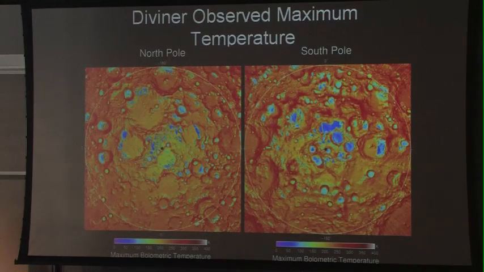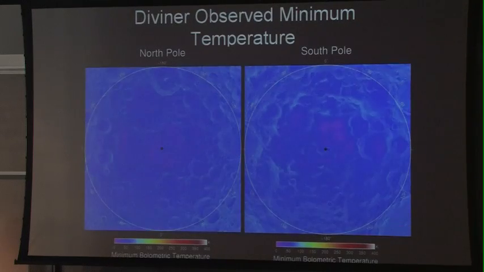And this was somewhat of a surprise to us when we first got these data from the moon, because we hadn't really had a chance to fully explore what some of these crater shapes could do in terms of cold trap temperatures. The next two slides show the annual minimum temperatures. You can see that the moon can become extremely cold.